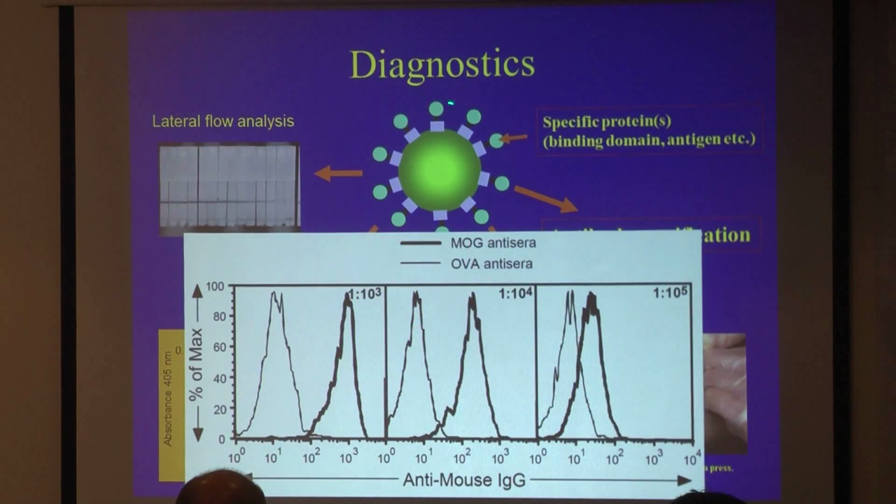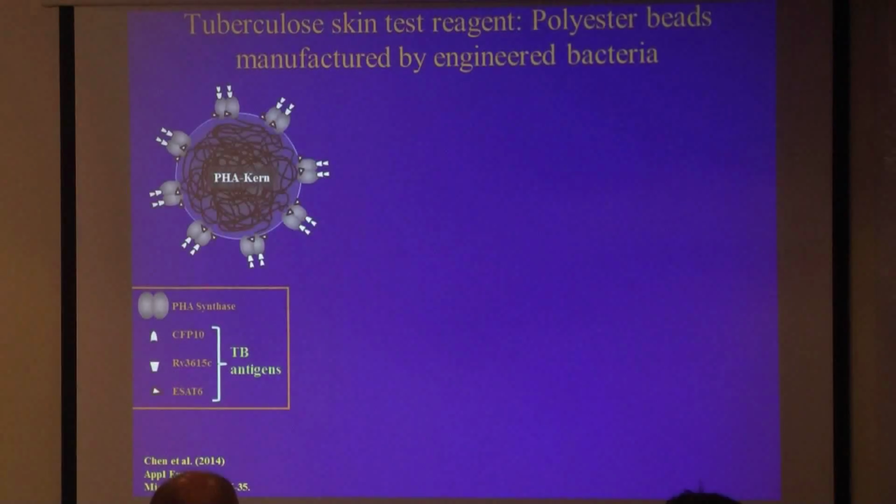We used a bead displaying the MOG antigen, which is the myelin oligodendrocyte glycoprotein relevant to multiple sclerosis. That has been displayed. This is serum. This is OVA anti-sera. And these are MOG anti-sera. And you can see the dilutions of the sera up to 100,000. We can see still a difference between the anti-MOG containing sera as compared to the background, just as an indication.